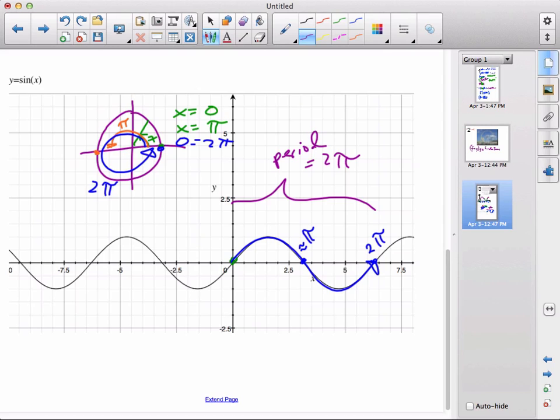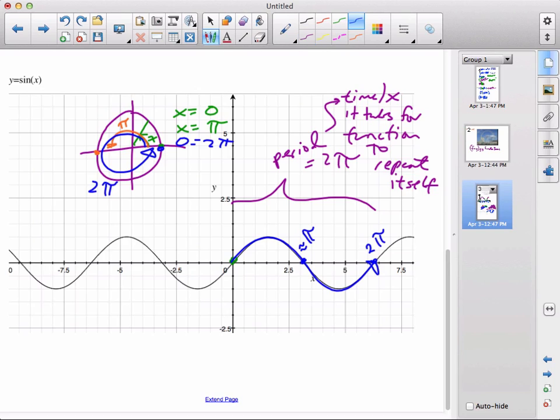The period is the amount of x that it takes to complete one full rotation or oscillation or whatever, right? How long before it repeats itself? That's even better. So the period is the time, or x, it takes for a function to repeat itself.